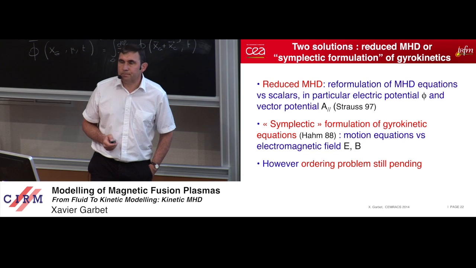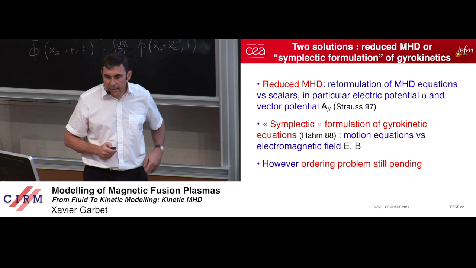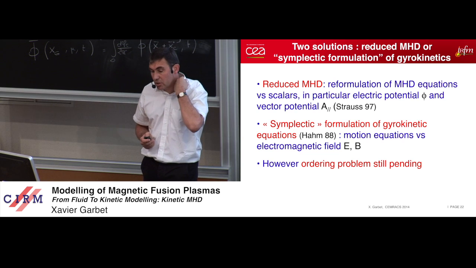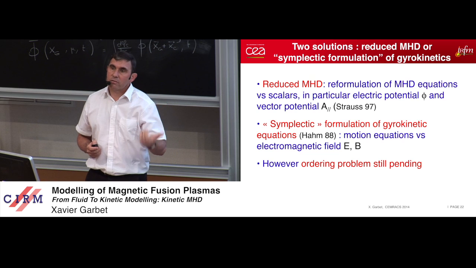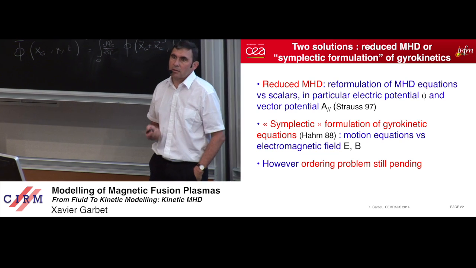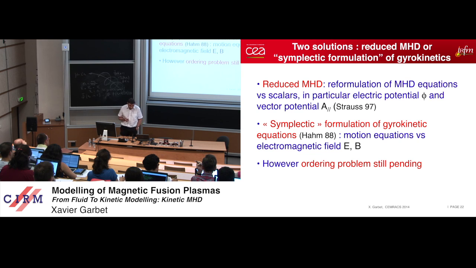So how do you solve that? Well, one thing is that you can replace your MHD equations by so-called reduced MHD. So reduced MHD is just that instead of solving on vectors, so the flow velocity and the magnetic field, you solve on scalars, which are essentially going to be electric potential, vector potential, density, pressure, parallel velocity for the ions.